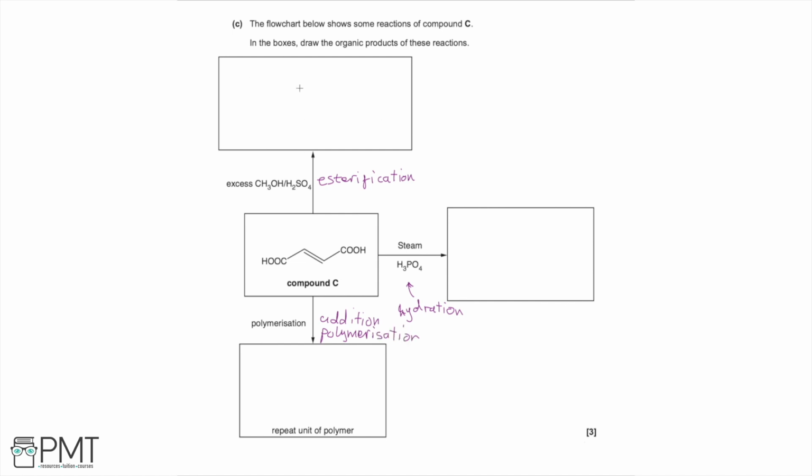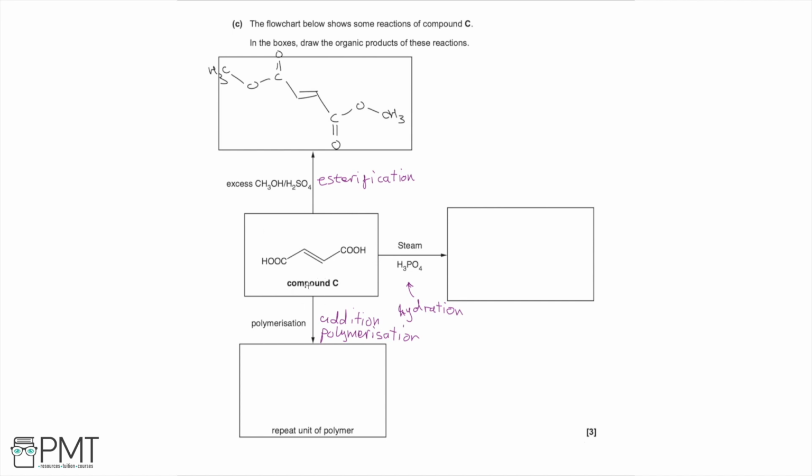So the organic product from the esterification, we're going to maintain that alkene in the center of our molecule, and we're going to form two esters on either side, like so.